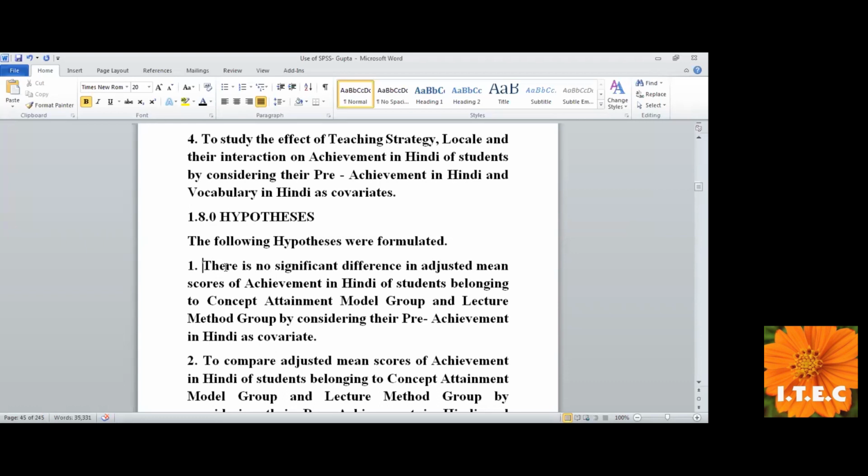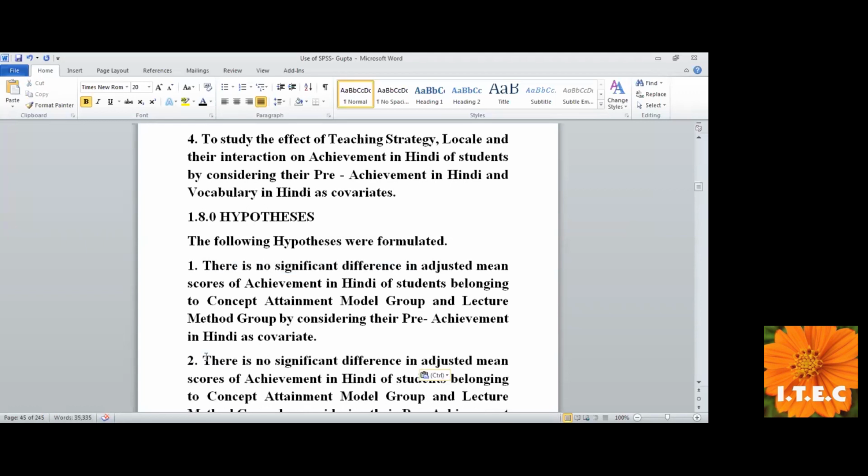Now, the same thing you should write here. You can copy this portion and paste it here. That there is no significant difference in adjusted mean. Please see, adjusted mean you have to write.